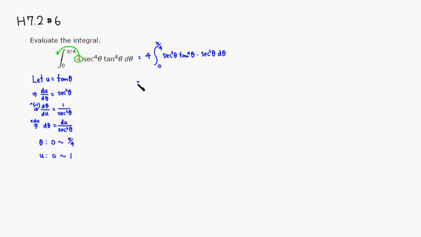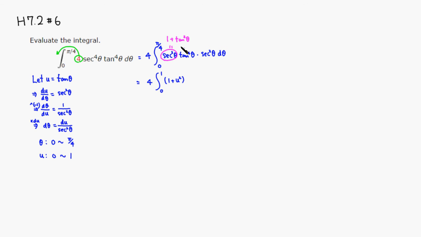So this is going to be equal to 4, which was already there, and the integral from 0 to 1. Since we're using tangent as a substitution, I'm going to rewrite the secant squared as 1 plus tangent squared. Since tangent is u, it's going to be 1 plus u squared.